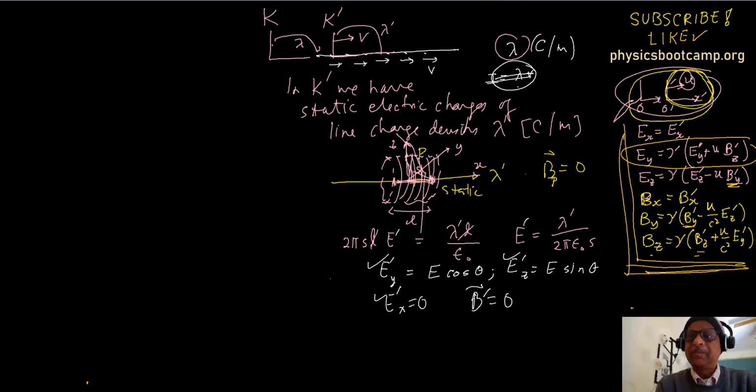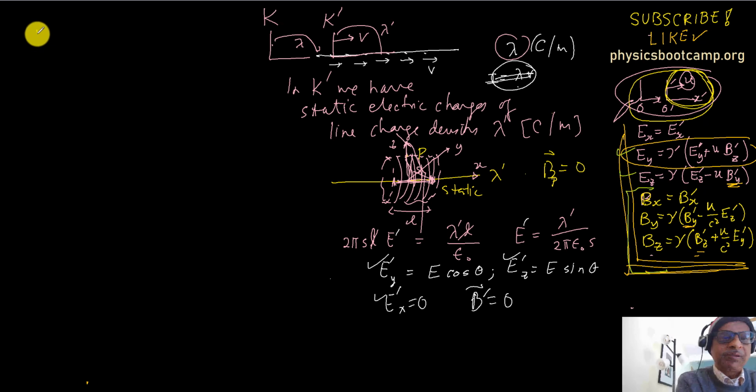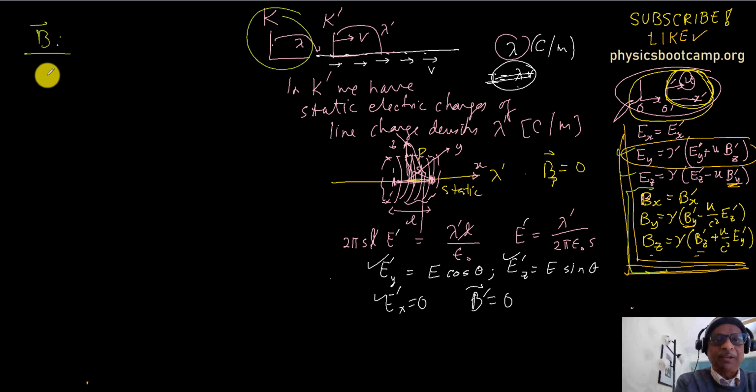Let's just look at the magnetic field, because we're just trying to show that there will be a magnetic field now. And this one you can work out yourself; it's going to be pretty similar. As far as B is concerned in this frame, Bx will be 0 because Bx is Bx prime, and this is the direction X we're looking at.